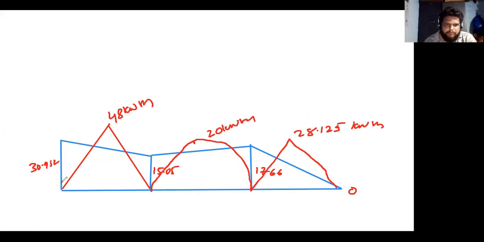So this complete thing which is below our span moment, this brown color thing, is negative moment. Here you have to provide the negative reinforcement. And the above is the positive reinforcement, and this is positive reinforcement. This is nullified. Okay, so this is A, B, C, D.